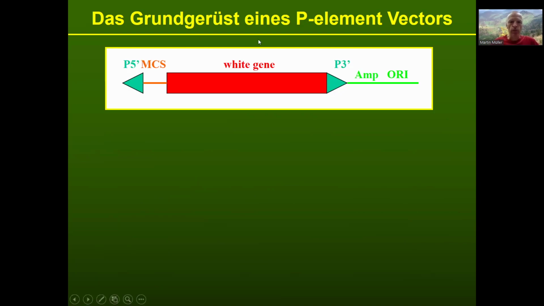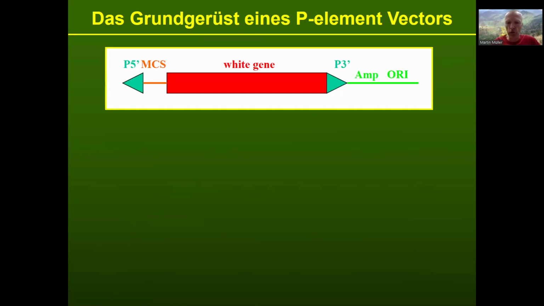In addition, you need a means to identify your transgene once it has inserted into the genome. And for that reason, this red block here is present, the white gene. You have heard about white before.